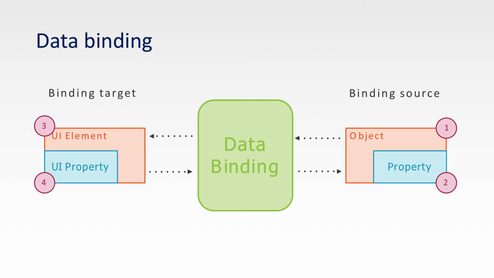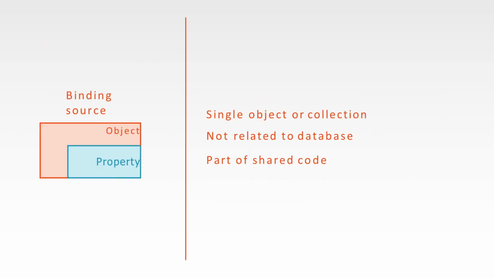One of them is MvvmCross or MVVM Light. You can use all these libraries from GitHub if you're doing Xamarin native. But if you're doing Xamarin.Forms, it comes for free. So the binding source, as we said, is a single object or a collection.